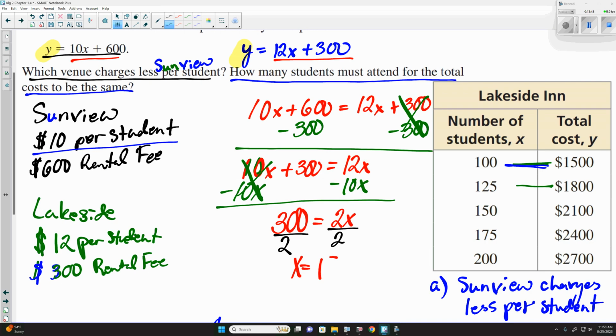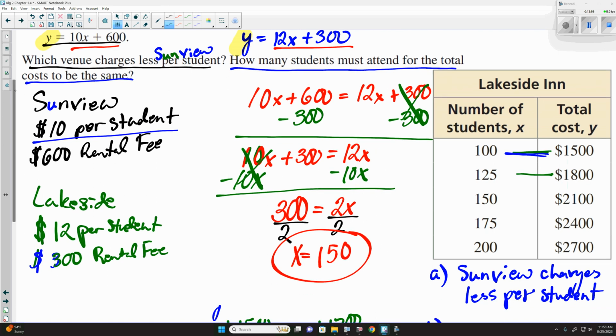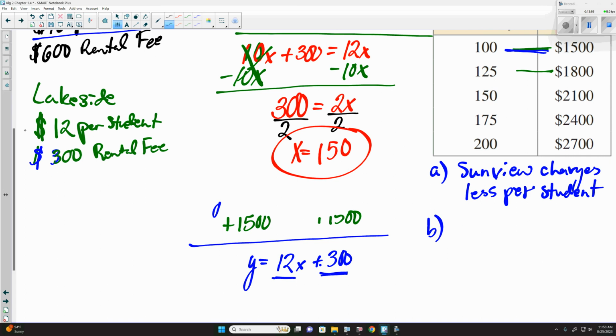So x is equal to 150. So if there's 150 students going, the cost will be the same for both. Questions on anything we did for this here?